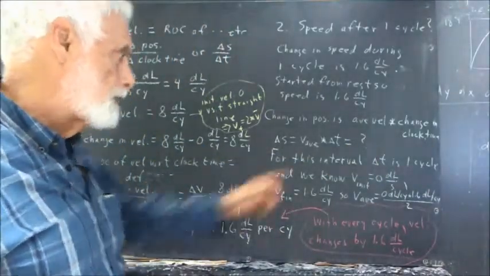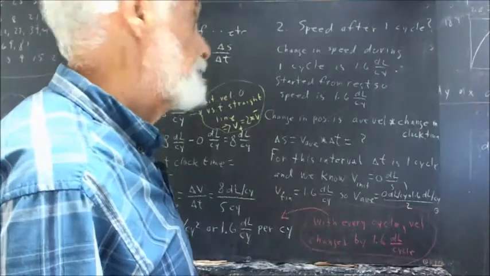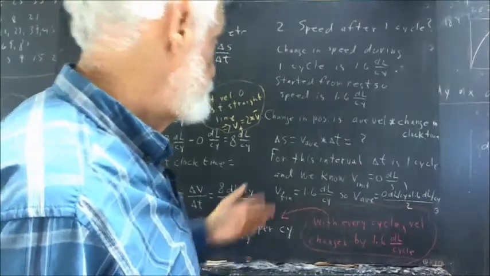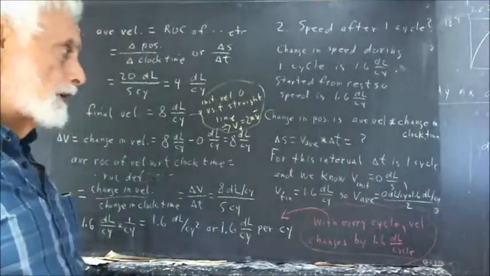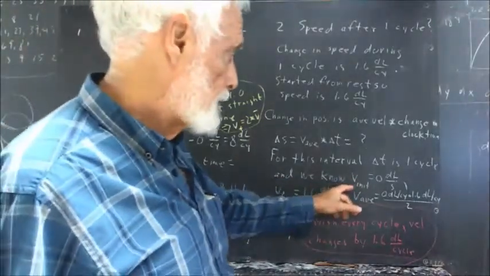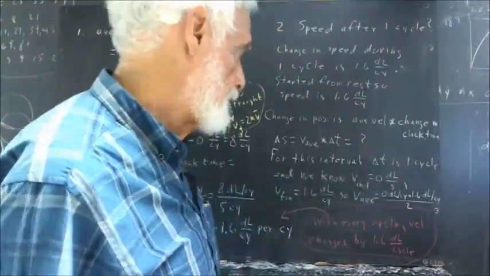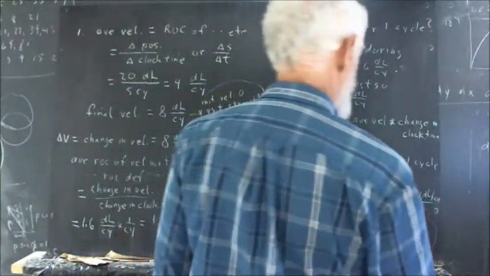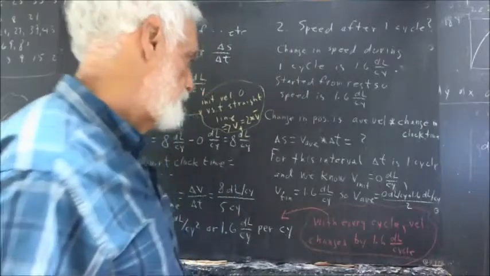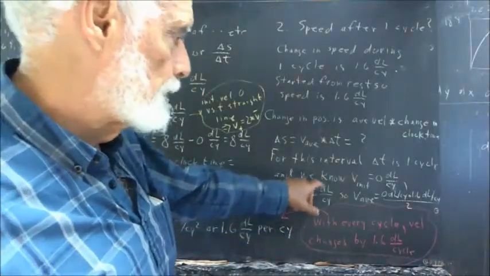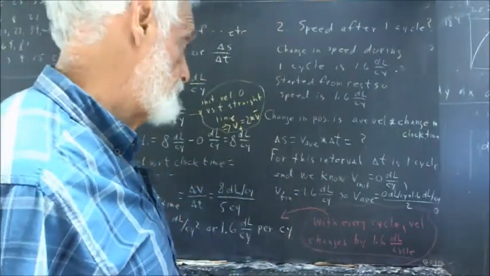Well, we have to find V average. But for this interval, what's delta T? It's one cycle. And we know that the initial velocity in the interval is 0 nominal lengths per cycle, not per second. And the final velocity is 1.6 nominal lengths per cycle.